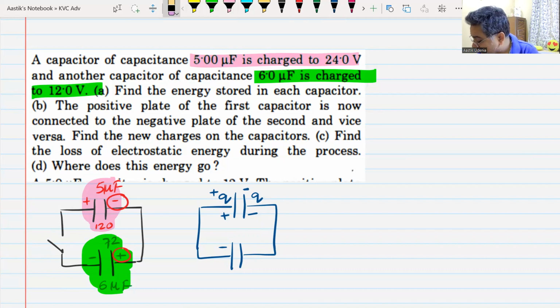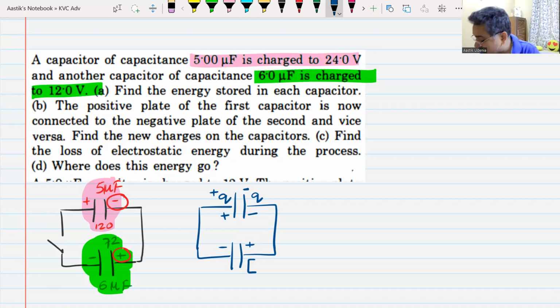So minus 48 is the total charge before. After connection, the total charge has to be minus 48. Minus Q has already come here.